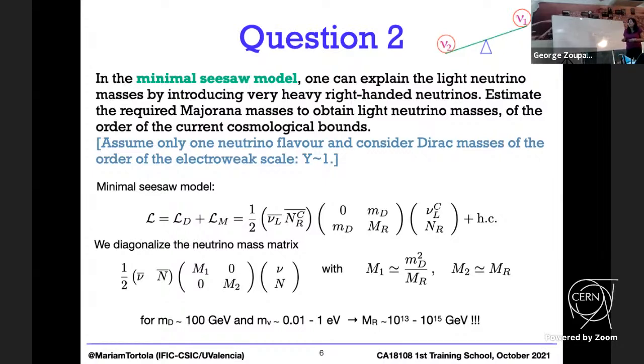You can also do the diagonalization of the matrix and find the two eigenstates, and see that in the limit of M Dirac smaller than MR these are the eigenvalues. I didn't put this as an exercise because it's quite simple.